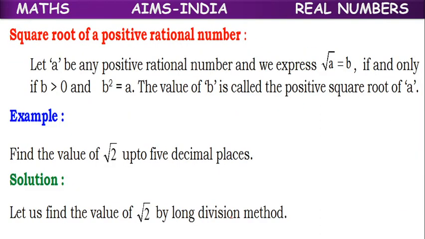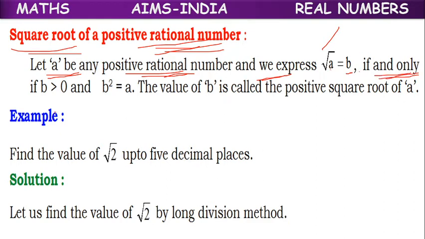Next. Square root of a positive rational number. If a is any positive rational number and we express root of a equals b, means square root of the positive rational number a is b if and only if b is greater than 0 and b square is a.